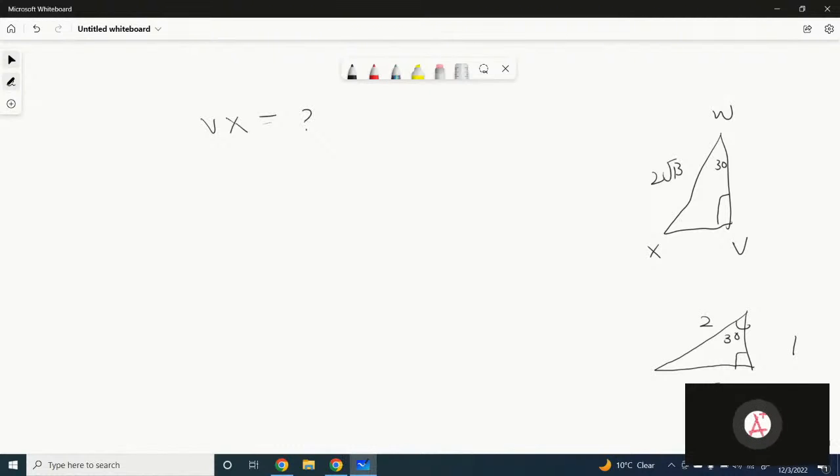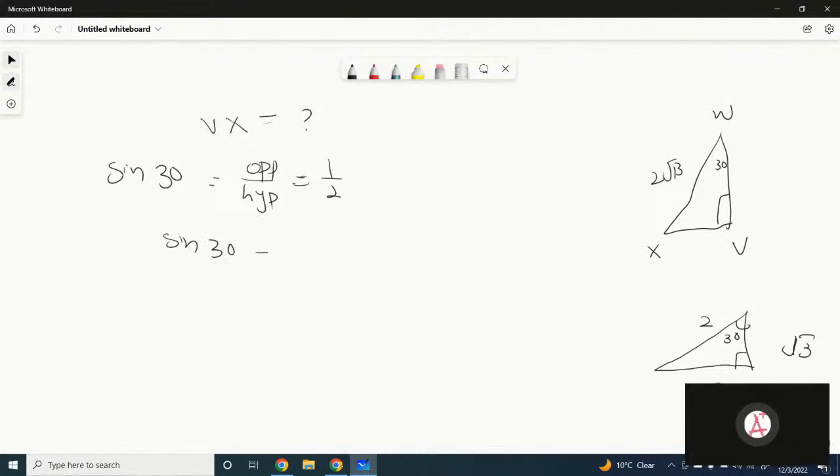So for the special triangle, we have sine 30 equals opposite divided by the hypotenuse. Opposite is 1, so it would be 1 over 2. Got it? So sine 30 equals 1 over 2.